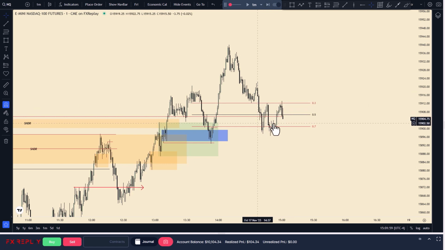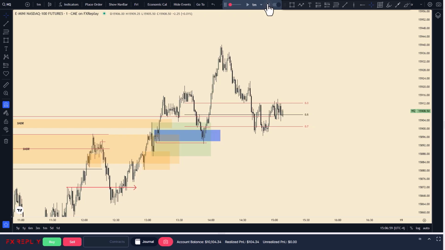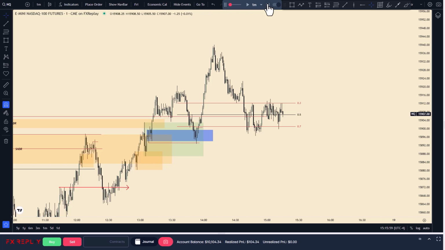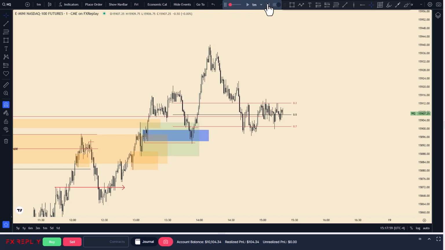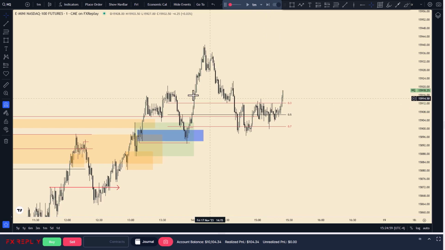So this looks like first top, second top. I need a body closure. So this is a scenario of the direct previous swing. I want to see body closure above this. Okay, so we do have a body closure.